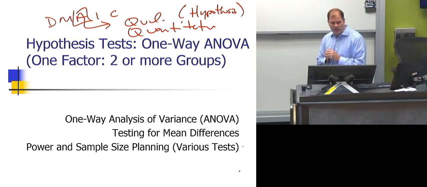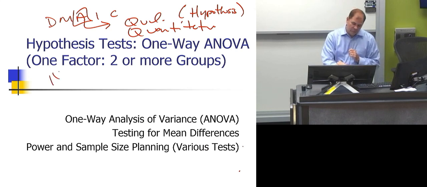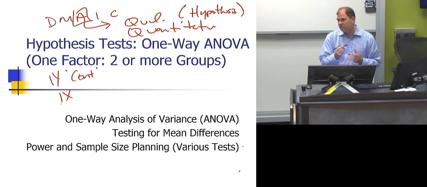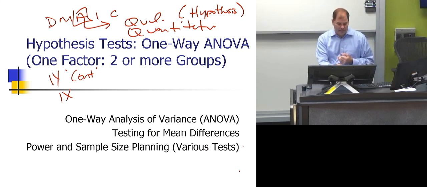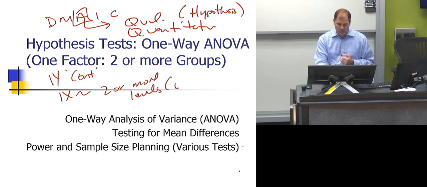In this case, let's say we want to talk about the situation where we have one Y, typically continuous, and one X. X could be different regions, it could be different machine settings, but this time we're going to have two or more levels or groups.